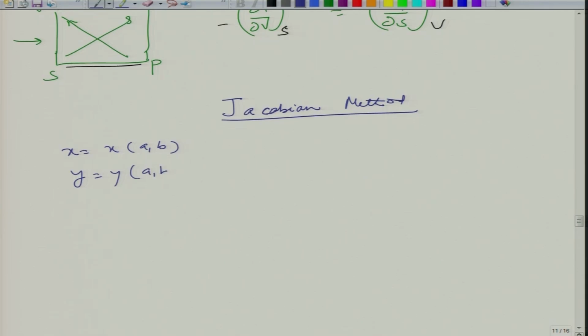So what I am going to do now is to just write down the properties of this Jacobian method. Okay. So the Jacobian is defined as follows.